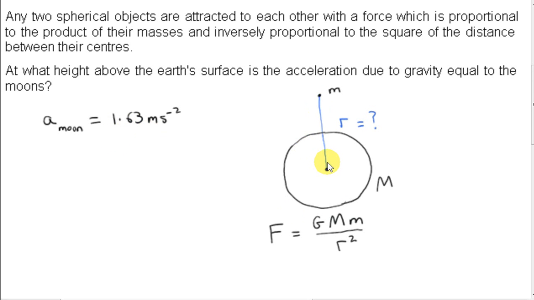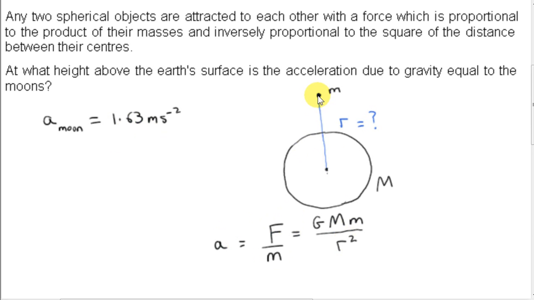Okay, so r is the distance between the center of the Earth and the mass, and the force of gravity we know is given by Newton's law of universal gravitation. If this is the resultant force on this mass here, then by Newton's second law the acceleration is given by the resultant force on this object divided by its mass.